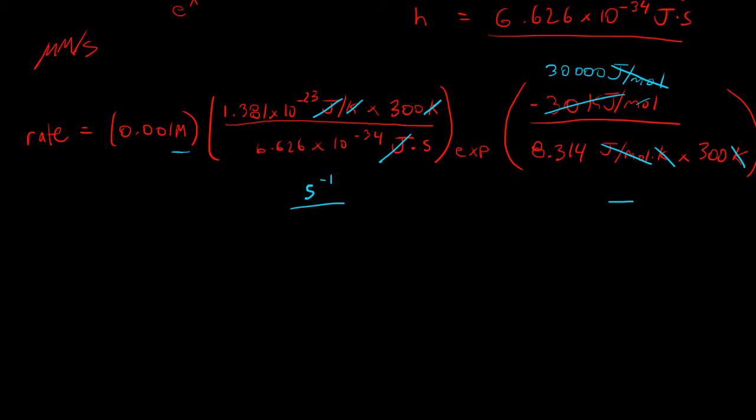So we're going to want to convert this to micromolar. And the way to do that is to take this number and multiply it by 10 to the 6. So if we take this number and multiply it by 10 to the 6, we get 1,000 micromolar. So we take 1,000 times all of these crazy constants that are left, and what we get is something that looks like this.